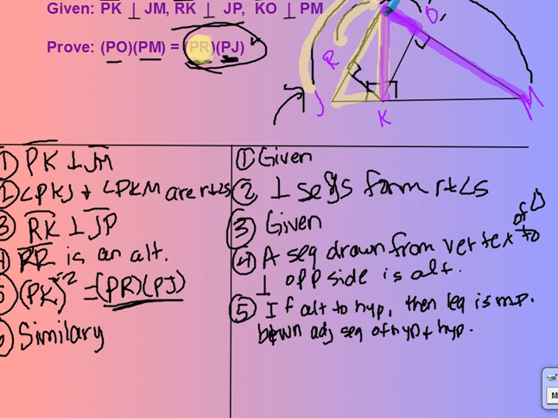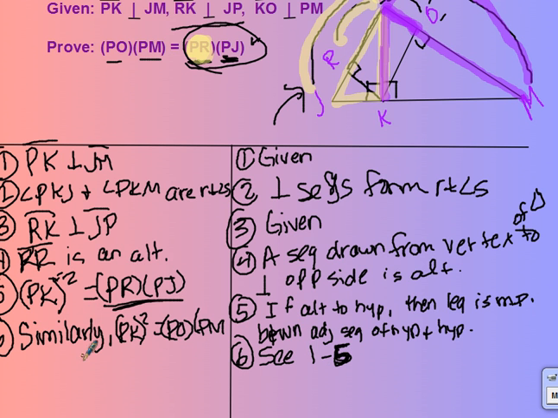It's the same set of steps, so we don't have to write it. We can just say similarly, PK squared is equal to PO times PM, and for a reason, you say C1 through 5.